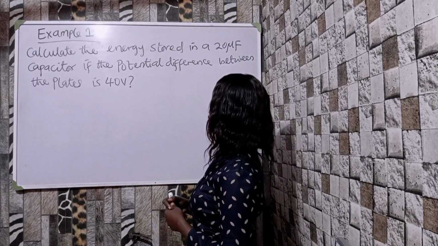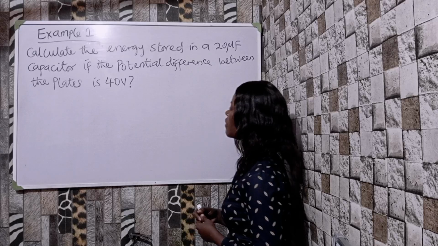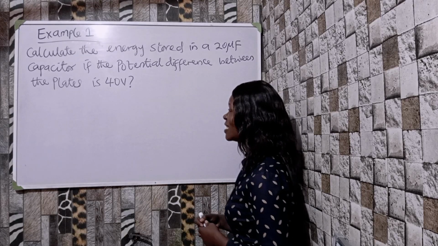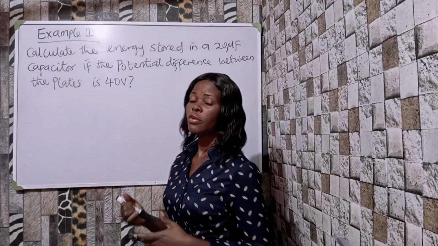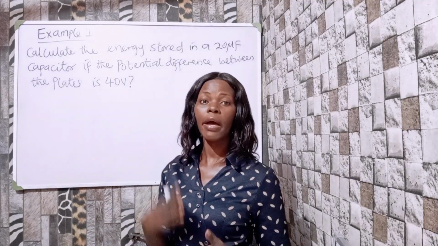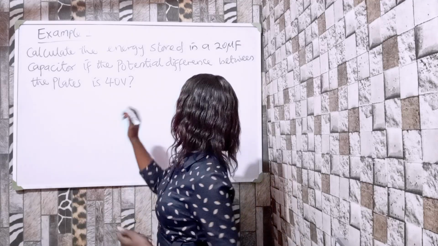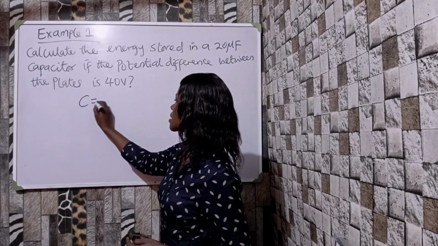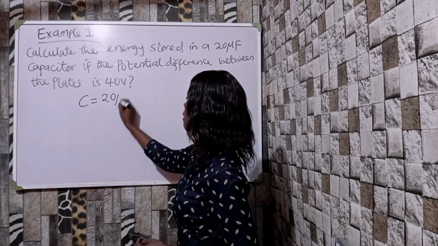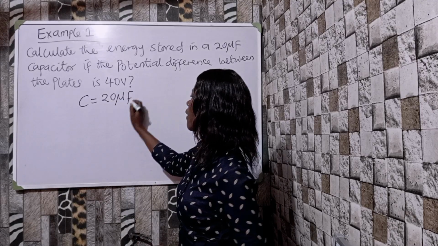Calculate the energy stored in a 20 microfarad capacitor if the potential difference between the plates is 40 volts. So we are asked to find the energy stored. What we are going to do is to state our parameters given. We have the capacitance of the capacitor C as 20 microfarad.